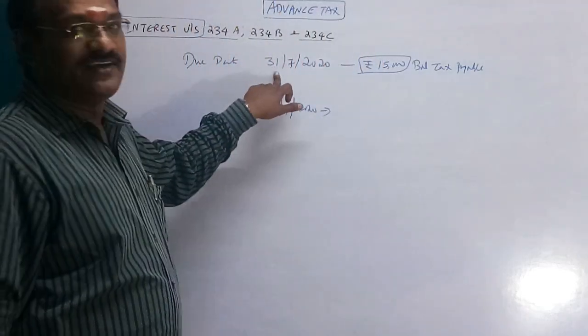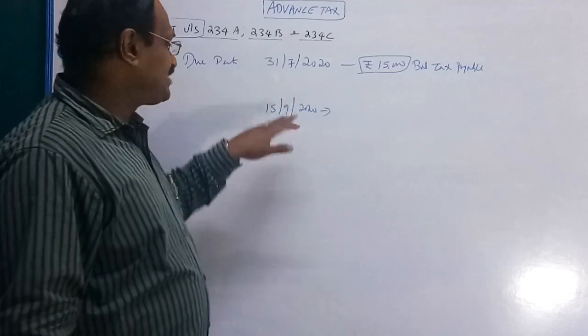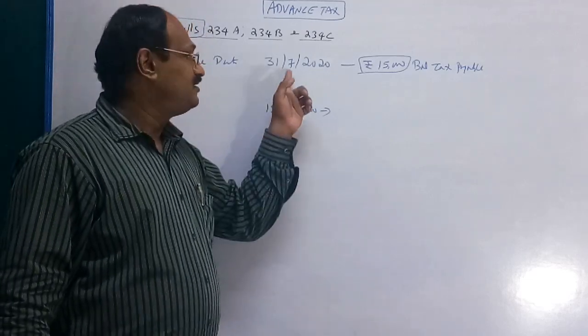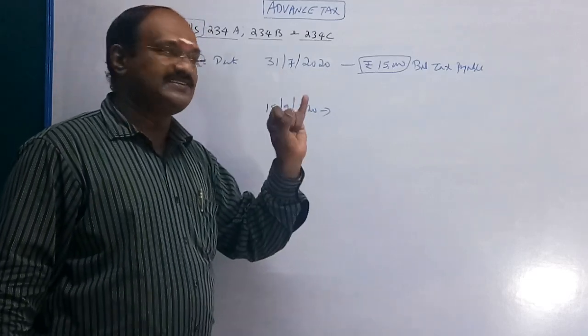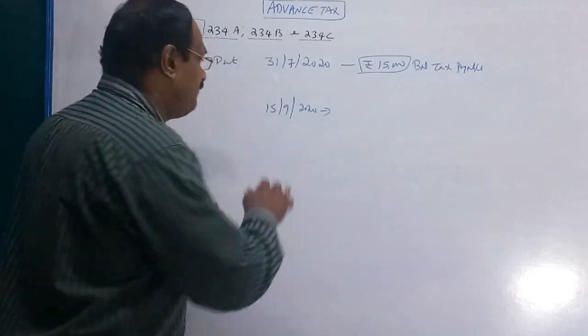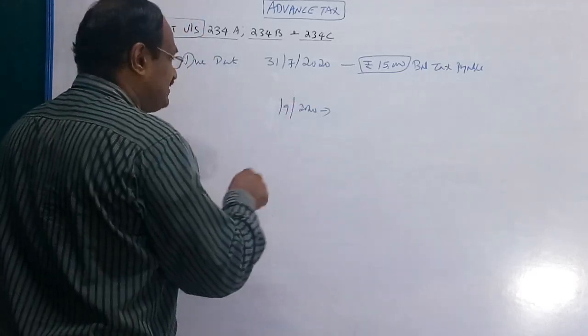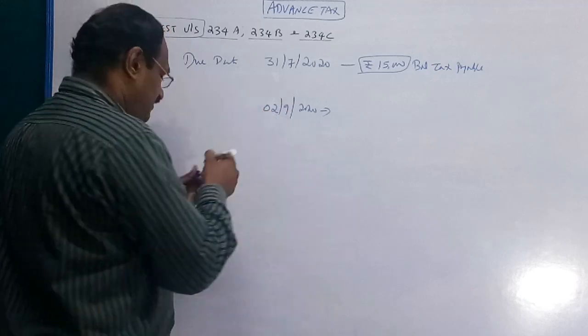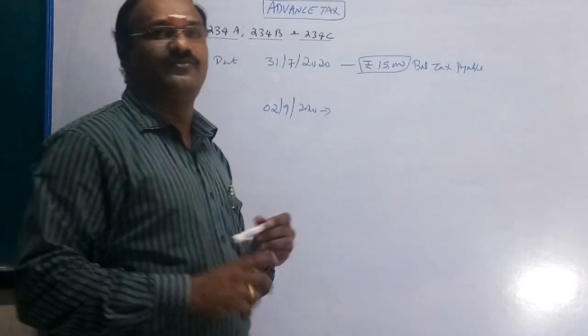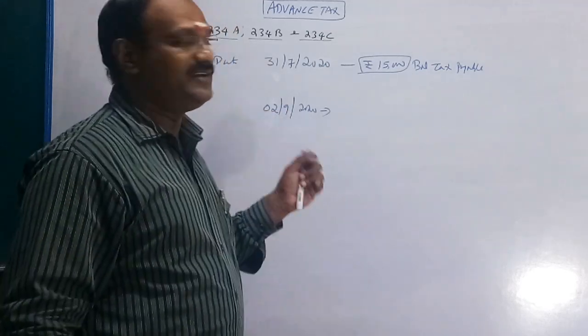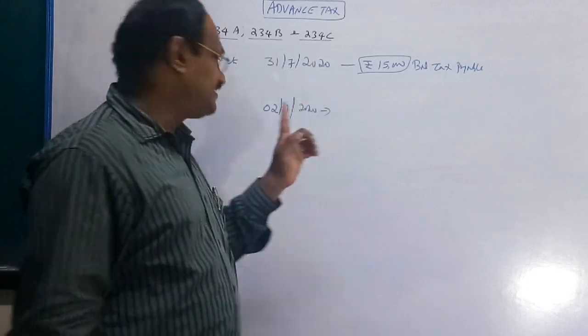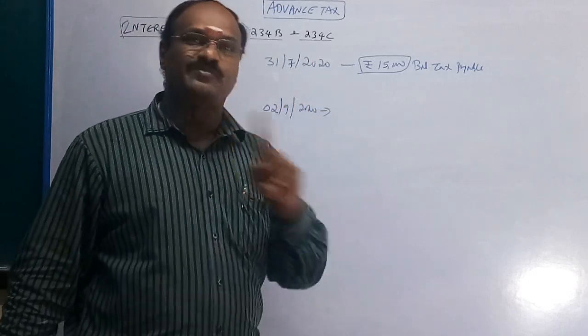See, July is the last date, but he actually filed 15th September. So July, next month August, September 15 days, sir. Even 2nd September itself, that is an additional month, August, September. Even 1st September also is treated as 1 month.